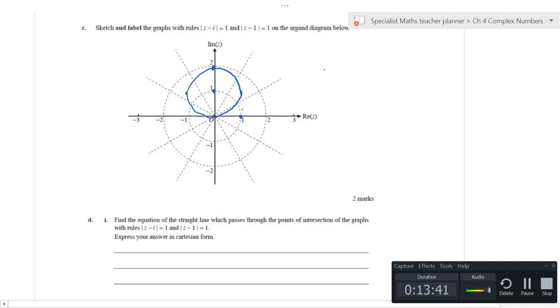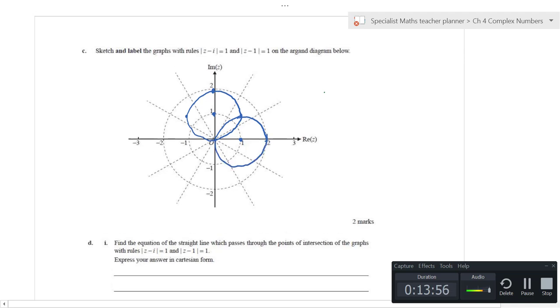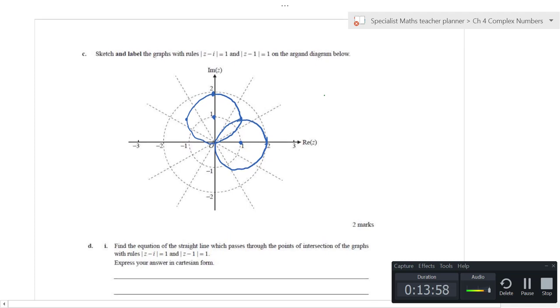There's our one circle, and then we've got a circle which is going to sort of meet there at 1, 1, like so. There you go. Sketch and label the graphs.